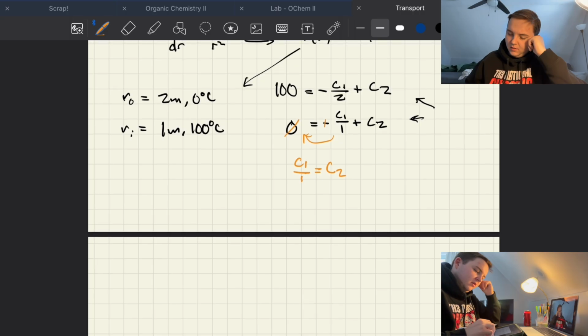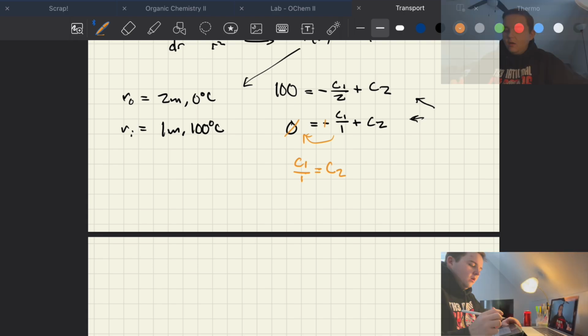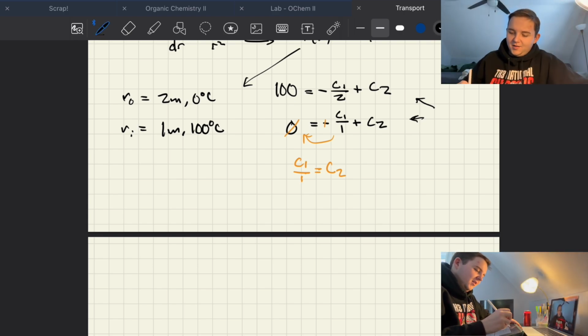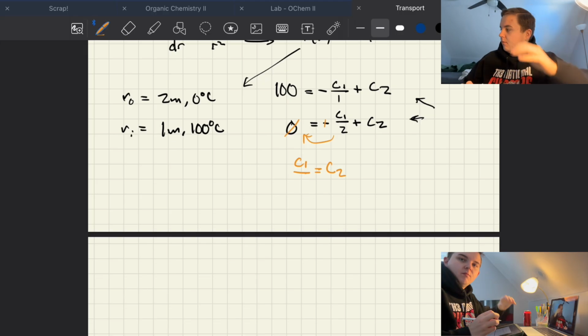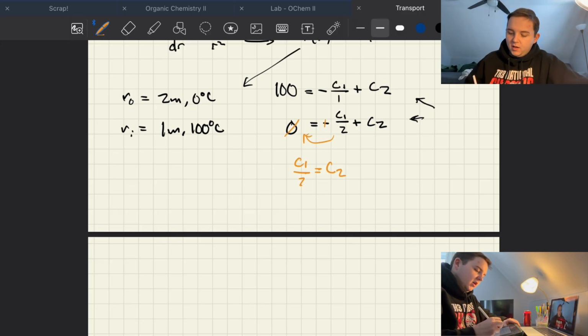Hold on, let me check. Okay, I figured out what I messed up. It was not a mathematical error, it was just me. I flipped these two on accident. So this one should be 1, this one should be 2. So we're going to be left with C1 over 2 is C2.